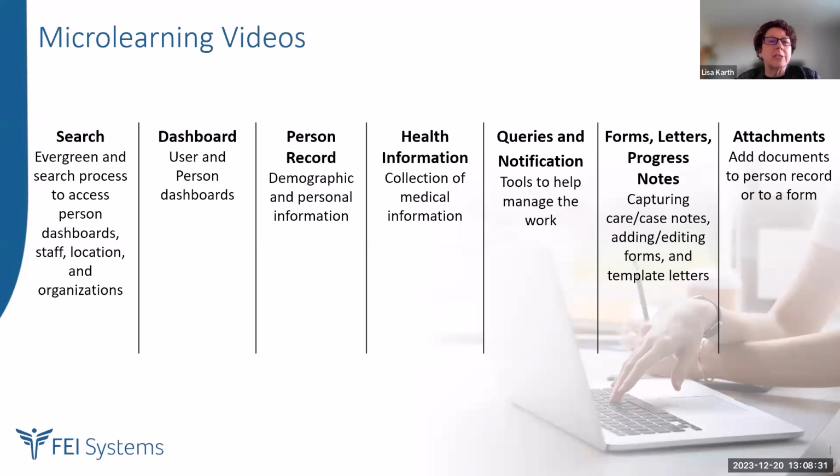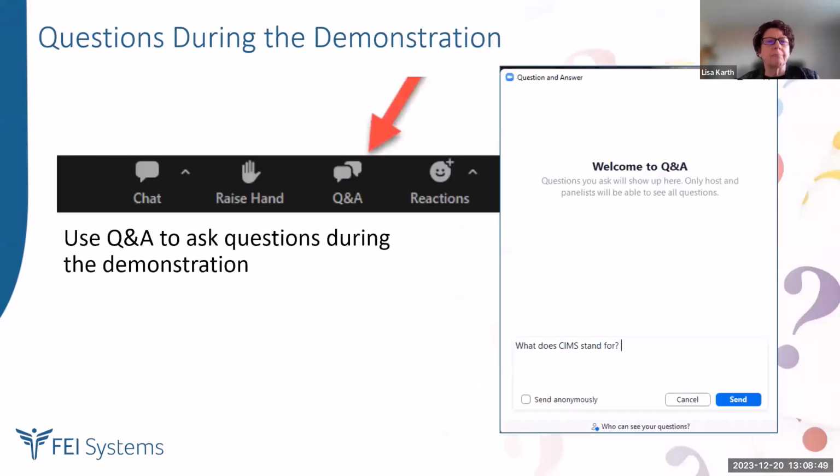And lastly, there's attachments. This gives you a great overview of what they are and the different places you might add an attachment. Now, also, these are available at any time, so don't hesitate to rewatch them. This is a listen-only demonstration, and so you are going to have questions.